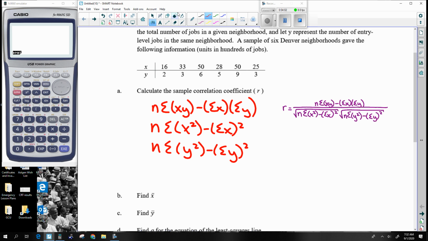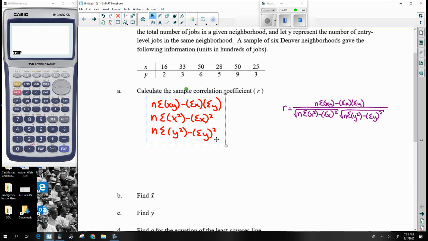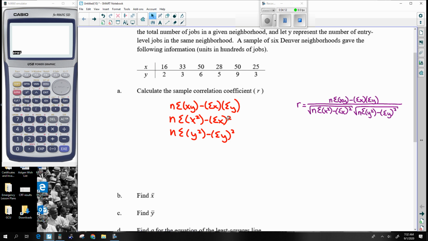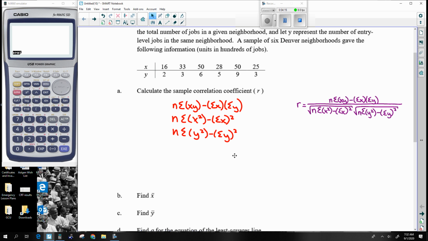All right, so again, we're getting kind of on the cusp of what we can probably do outright. But even with these, a lot of times people have a lot of difficulty. So one more thing I do is create what I call the Christmas tree. All these little teeny tiny variables that are in these formulas, I'm going to find them all so I don't have to do any more summations after I create the Christmas tree.